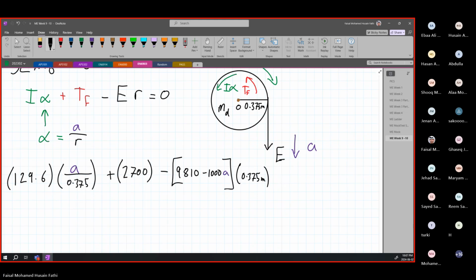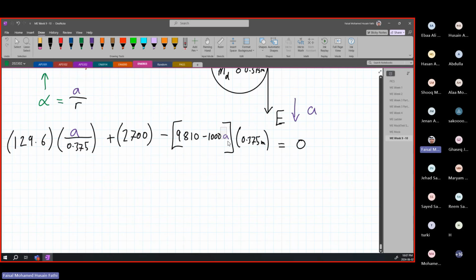All right, and this is all equal to 0. Now we have one variable, which is acceleration, and we're going to solve for it.